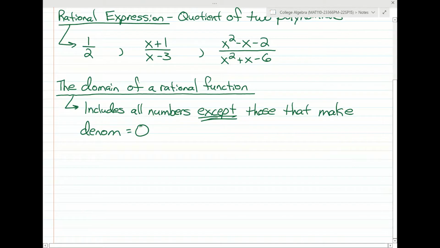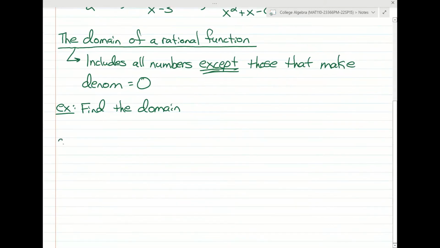Let me show you some examples. Directions would just be to find the domain. Say we have a problem where it says f of x is equal to 10 over x.